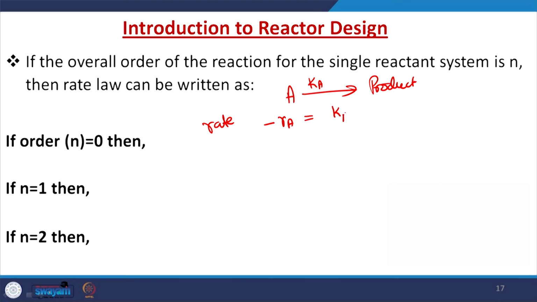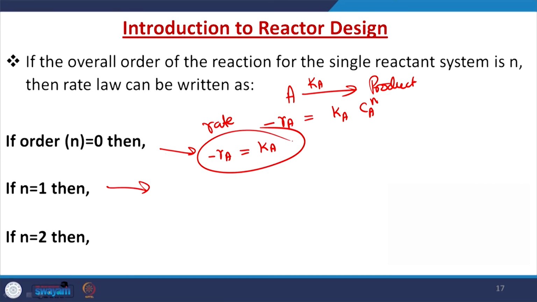If the order n is equal to 0, then minus Ra is equal to Ka, that is a zero order reaction. If the order of the reaction is 1, then minus Ra is equal to Ka Ca. If the order is 2, then minus Ra is equal to Ka Ca squared. So, this represents the order of reaction.